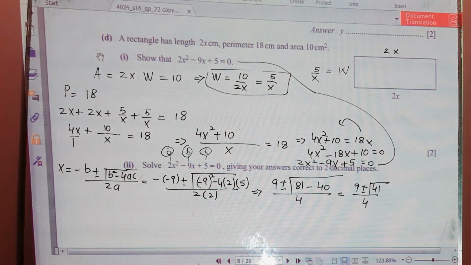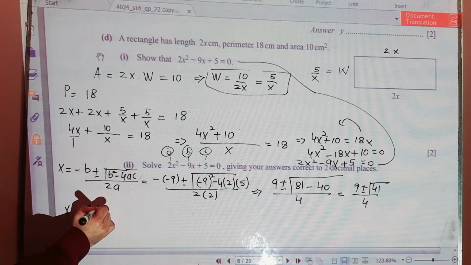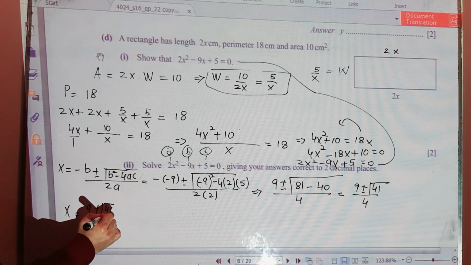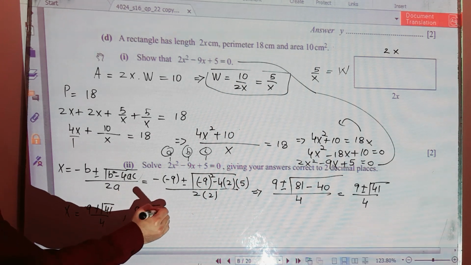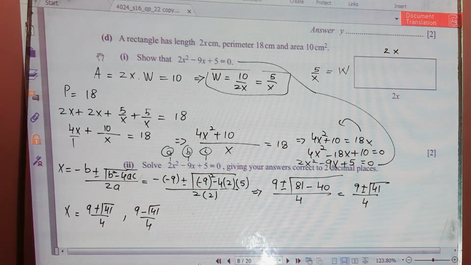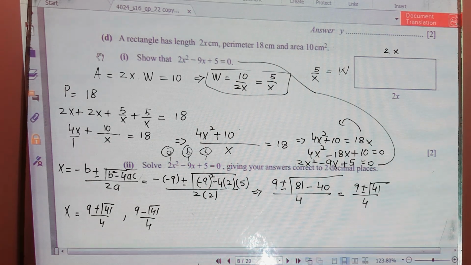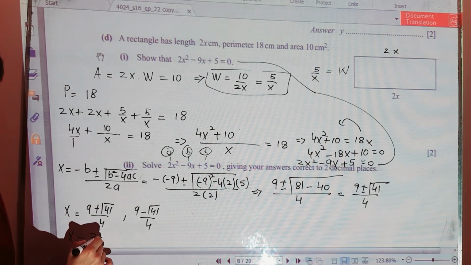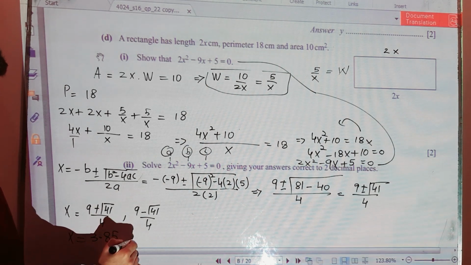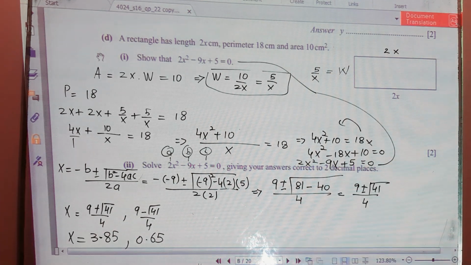Now you are going to solve it first of all with 9 plus under root 41 over 4, and then 9 minus under root 41 over 4, once with the plus sign, once with the minus sign. Now what will be the values? Now you will get x over here. Now that will be 3.85, and over here you will get 0.65 as the solution for this part.